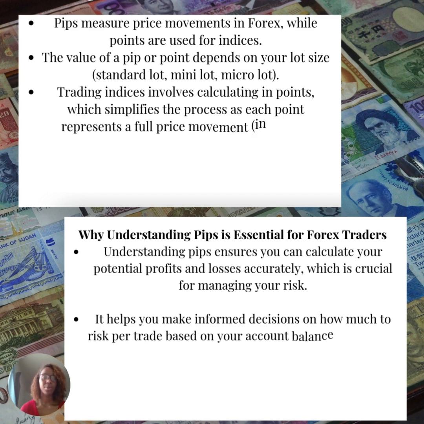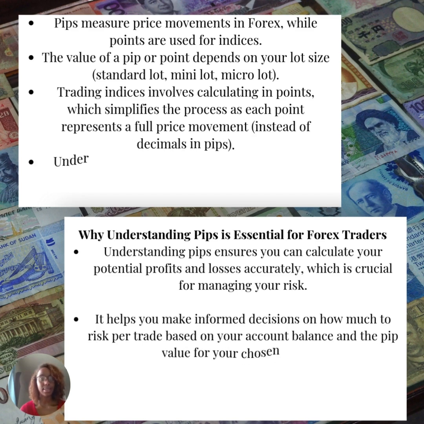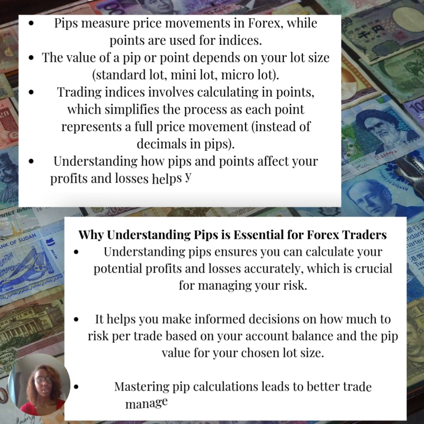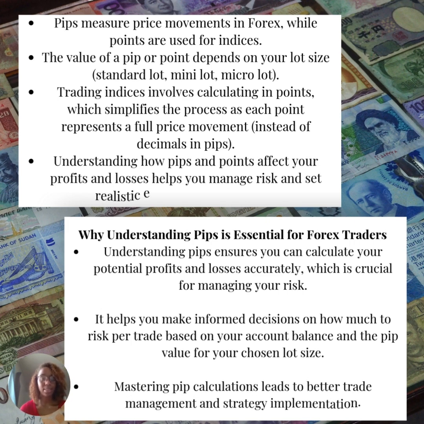The value of a pip or a point depends on your lot size. Trading indices involves calculating points, which simplifies the process, since each point represents a full price movement instead of decimals and pips. Understanding how many pips and points affect your P&L helps you to manage your risk and set realistic expectations as a trader for your trades.